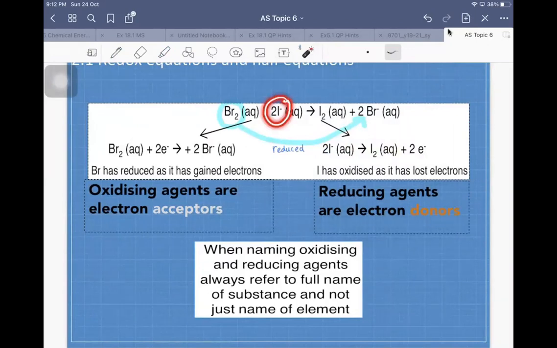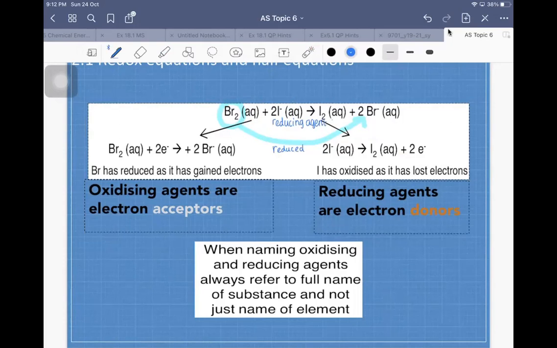Okay, sorry. Iodide reduces bromine into bromide. Okay, so that makes iodide the reducing agent. Who is the oxidizing agent?